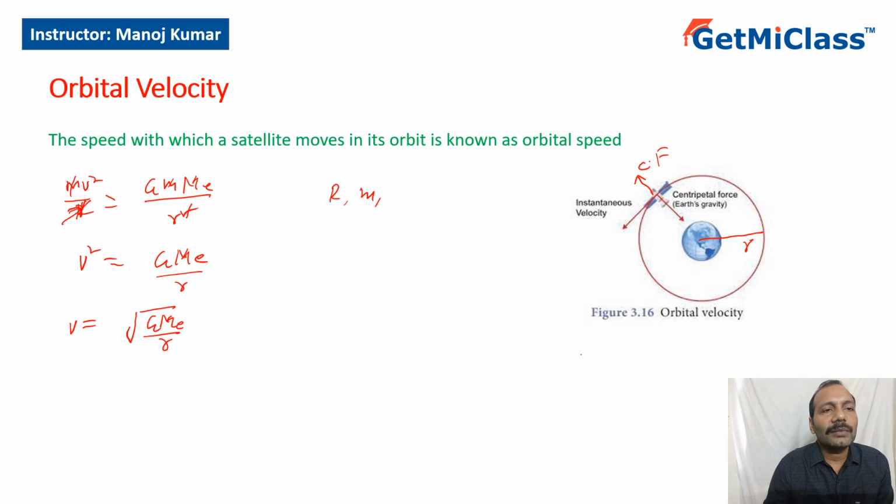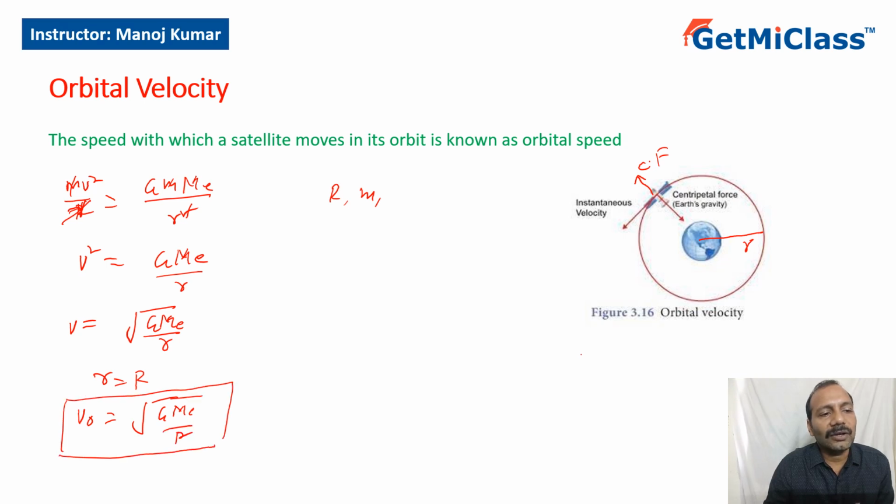Now when the orbit is very close, which is practically impossible, but theoretically if the orbit is very close to the surface of Earth, in that case r equal to R. In that case orbital velocity is root GMe by R, right? So this is orbital velocity if the orbit is almost along the surface of the planet. So this is about orbital velocity.